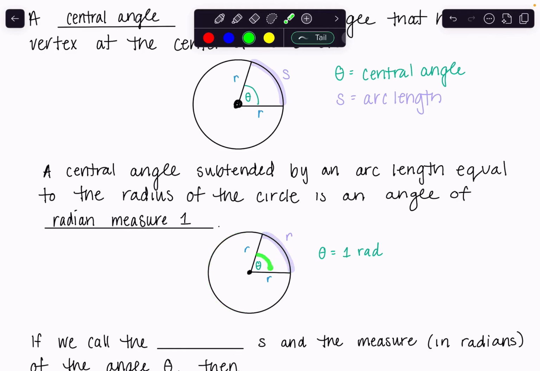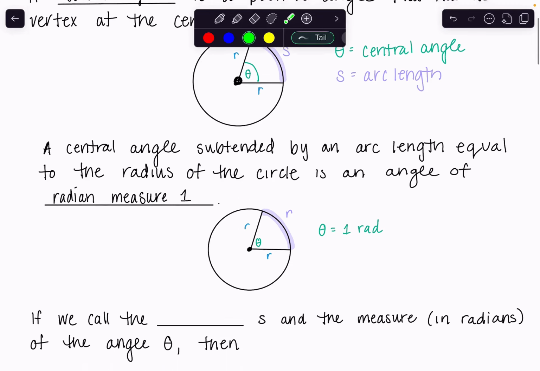Because again, this is exactly 1 radian. So this is when S is equal to R. So my arc length divided by R gives me 1. If I go a distance of 2 radii, that would be 2 radians. And this would be my R, or my S being 2R.